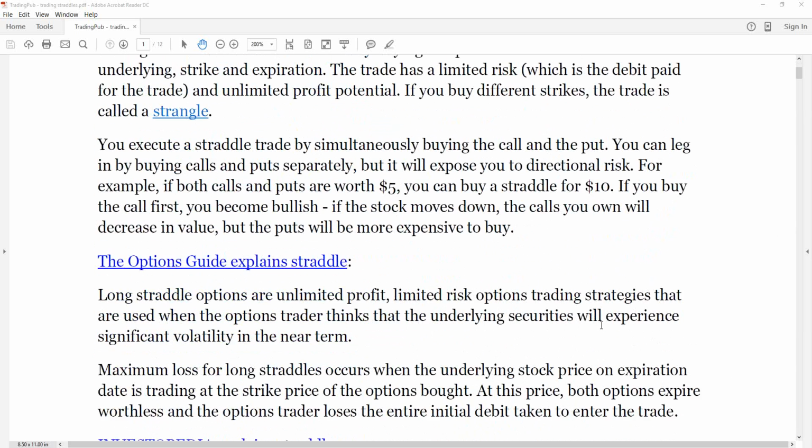How do we execute a straddle? We usually execute a straddle by simultaneously buying the call and the put. Most brokers allow you to do it with a built-in strategy, with Interactive Brokers, Thinkorswim, and most other brokers. They have a list of predefined strategies, and Straddle is one of them.